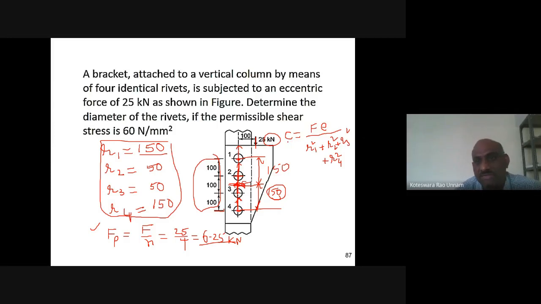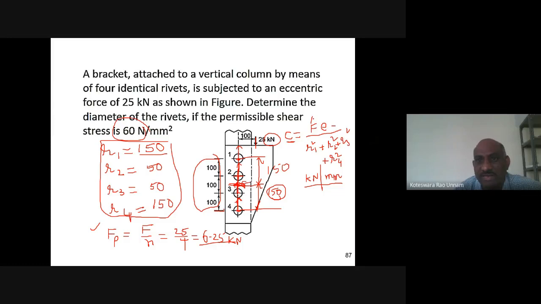The constant you get will be in kilonewton per mm only. If I take F in kilonewtons and R in mm, then kilonewton mm divided by mm square, I'll get kilonewton per mm. So you can use these mm units directly.